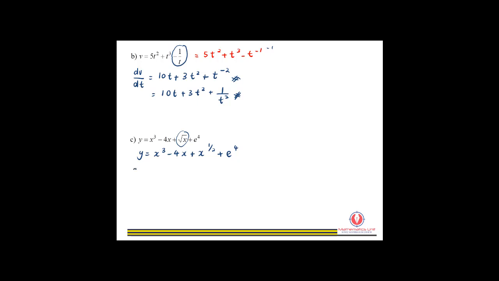And then we can differentiate y with respect to x. So dy over dx equal to x power of 3 is 3x power of 2 minus 4 plus 1 over 2 x, 1 over 2 minus 1, you'll get negative 1 over 2, differentiate e power of 4 is 0. Okay, so this is the answer, or you also can write down 3x squared minus 4 plus 1 over 2 square root of x.